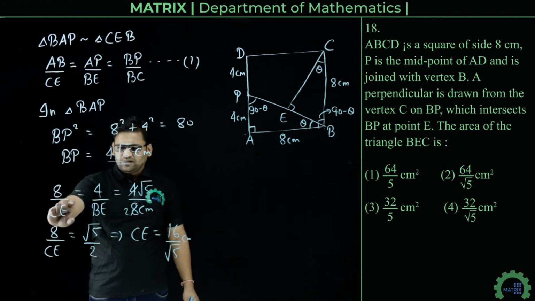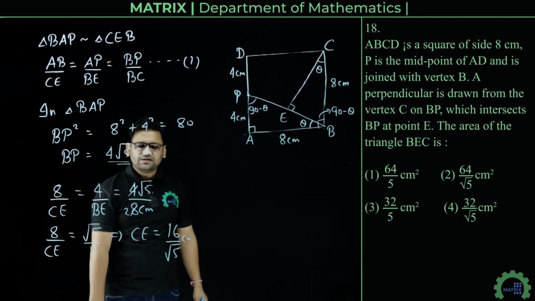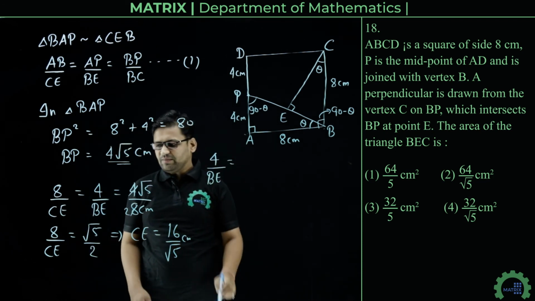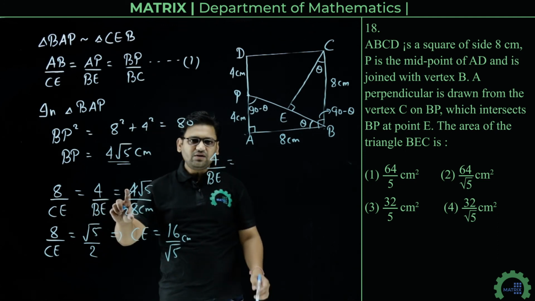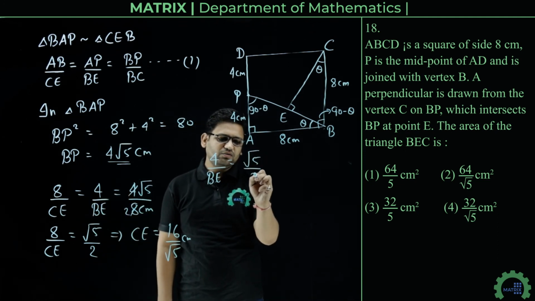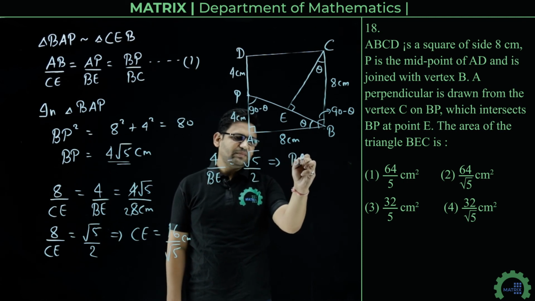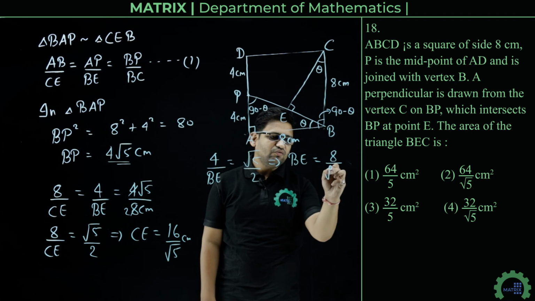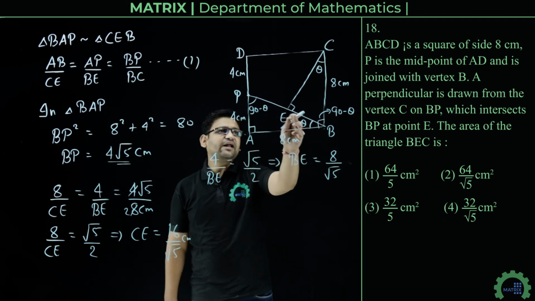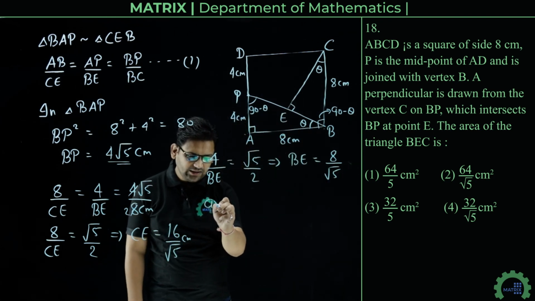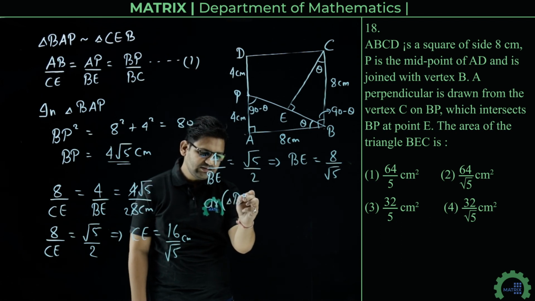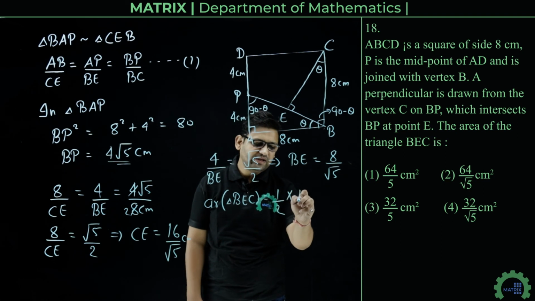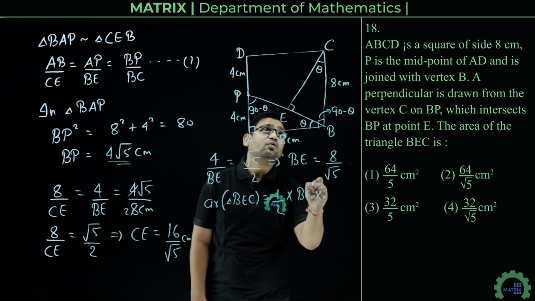And again we need to find the length BE. So we can write 4 upon BE is equal to root 5 upon 2. So the length BE is 8 by root 5, and we need to find the area of triangle BEC. So area of triangle BEC is equal to half into base into height, that is half into BE into EC.